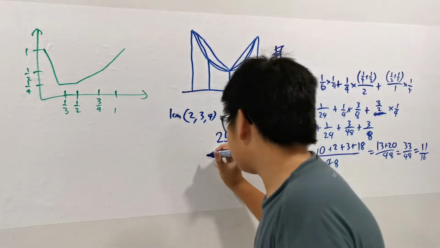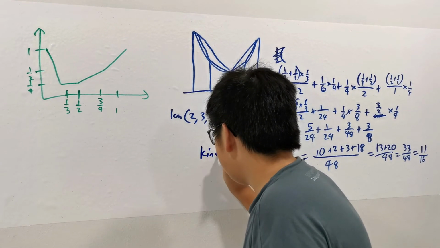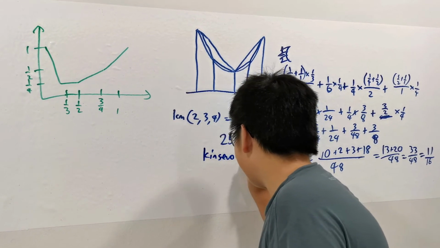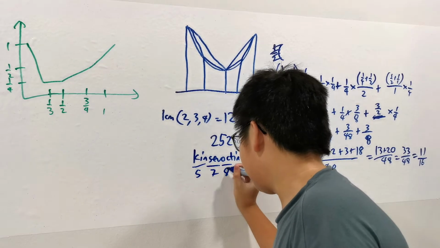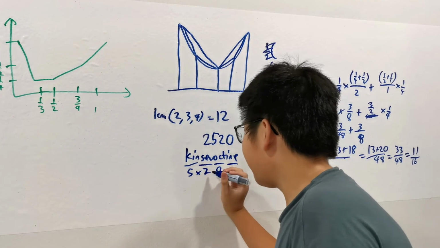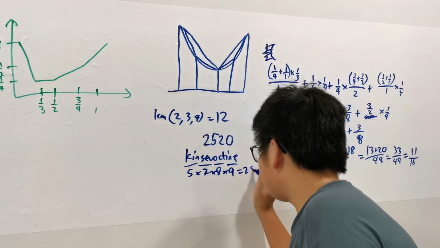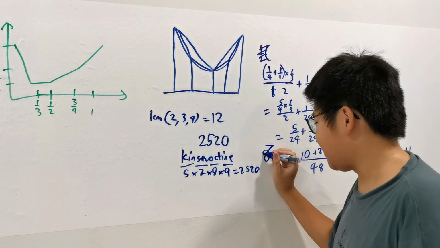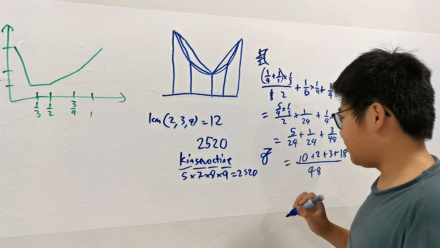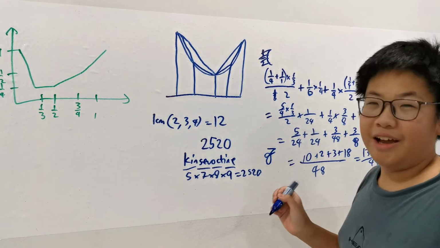So in this case, 2520, we spell it Kinsevoctine: Kins 5, Sev 7, Oct 8, I 9. So 5 times 7 times 8 times 9 equals 2520. And then my code symbol for this is actually this. So there, interesting, right? I hope you enjoyed it.